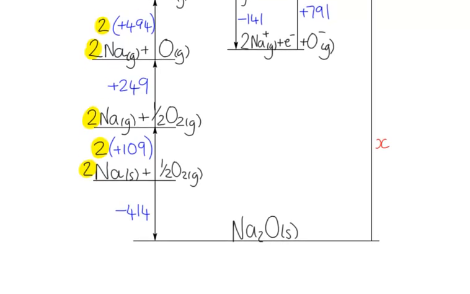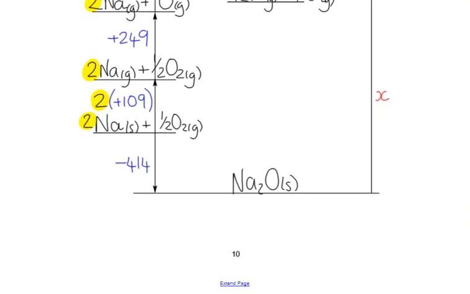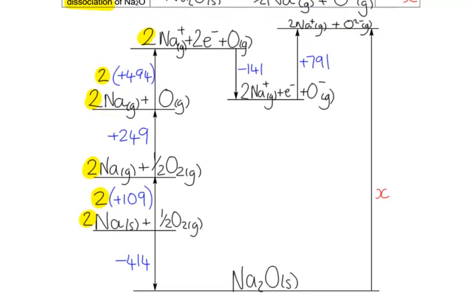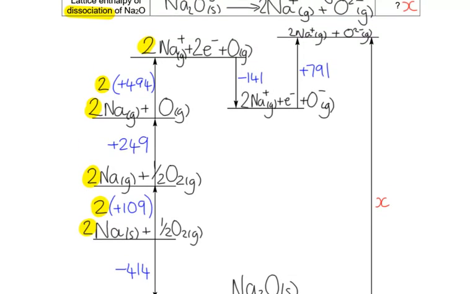So mathematically, minus 414 plus our unknown are equal to, all the other arrows are following a clock round in the same direction. They're all going up and round. We can follow them over.